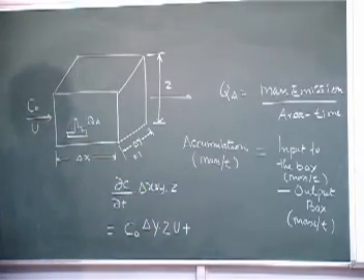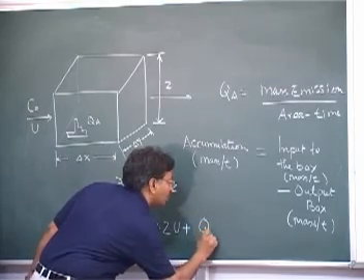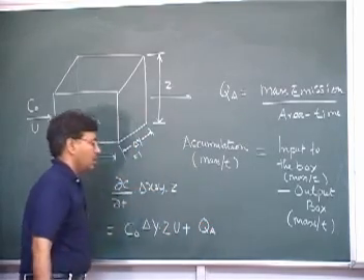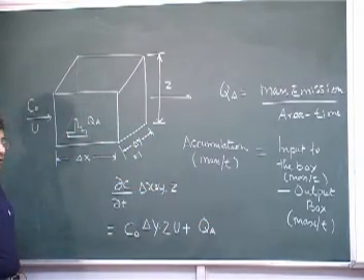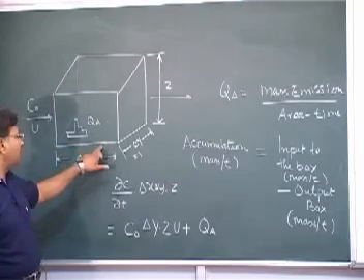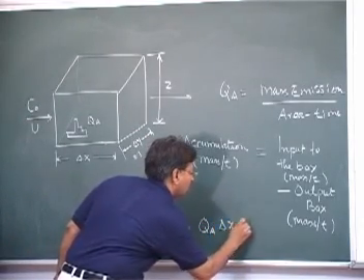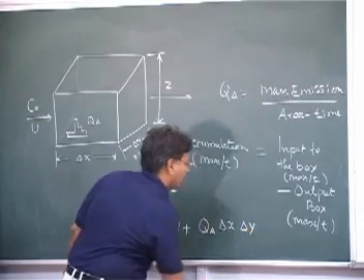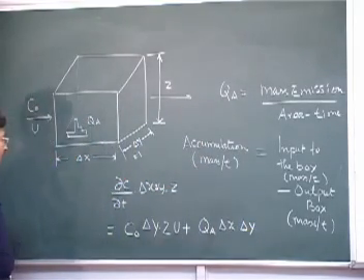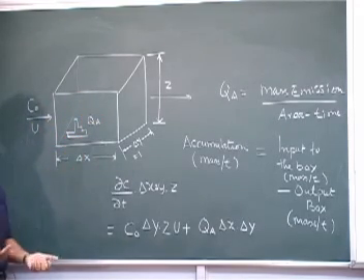So QA, what do I do? Multiply by the surface area of the box, that is delta x times delta y. And output: I am assuming the box to be a completely mixed reactor.